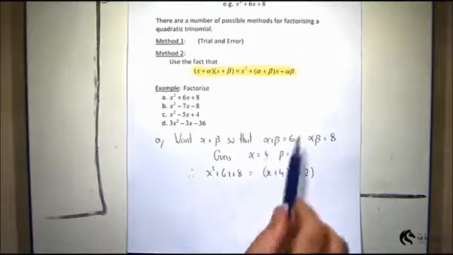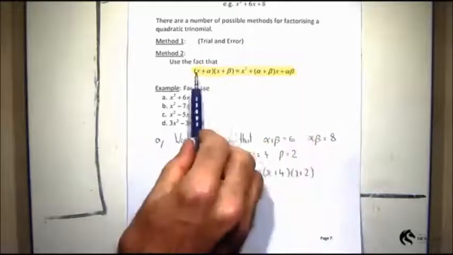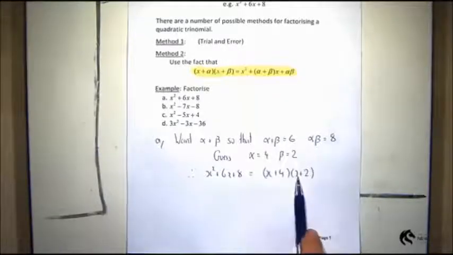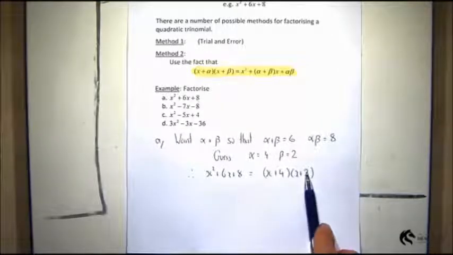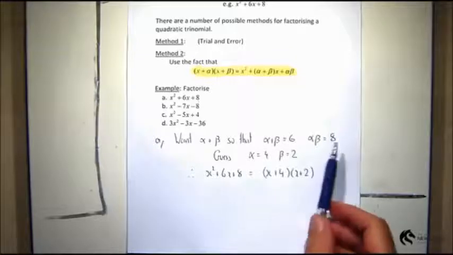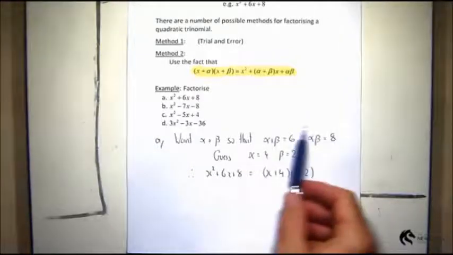And of course you can always check your answer by multiplying out. I'd go x squared plus 2x plus 4x, which is 6x, plus 4 times 2, which is 8. And so lo and behold, there's my factorisation. So we've just made an intelligent guess on what they should be.